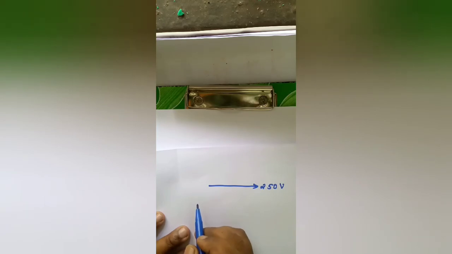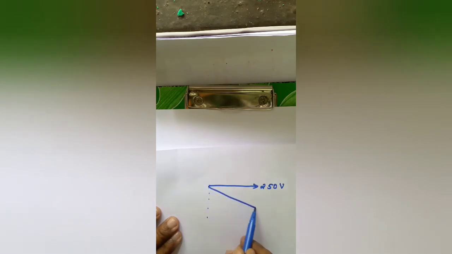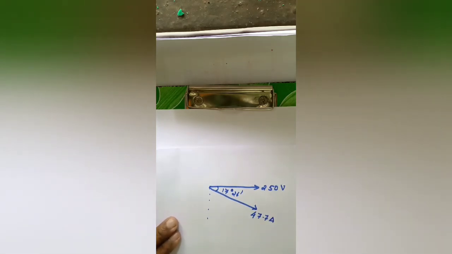In an inductive circuit, the current always lags by 90 degrees, but it is not a pure circuit, so it lags by an angle of 17 degrees 26 minutes, and its value is equal to 4.77 ampere. This is the vector diagram.